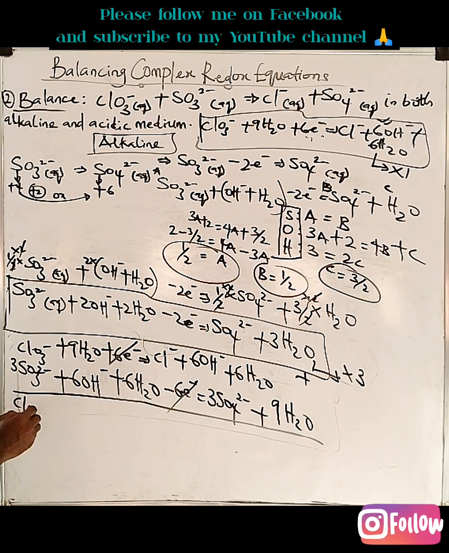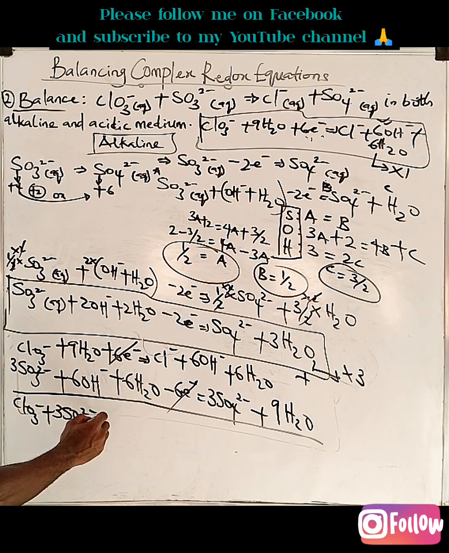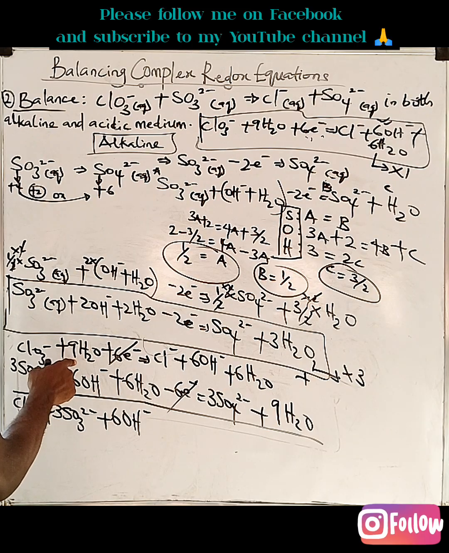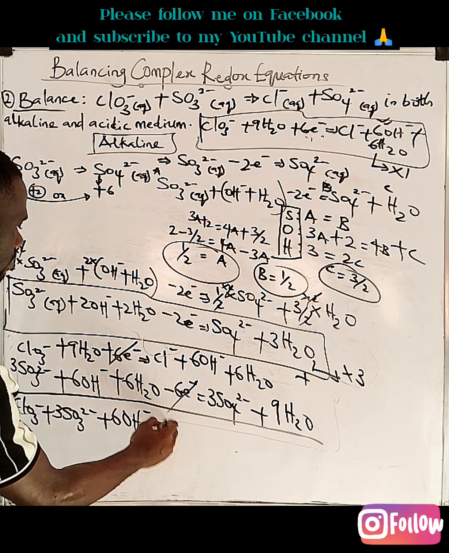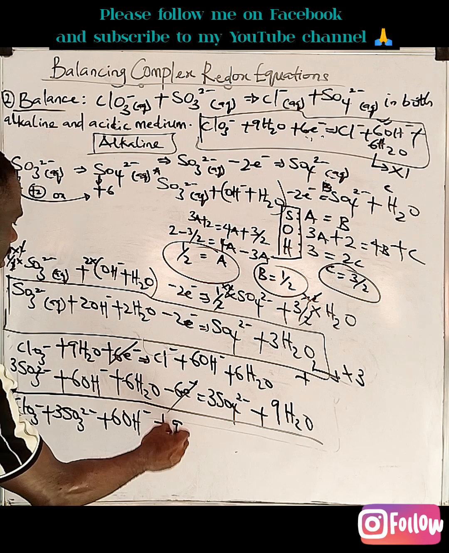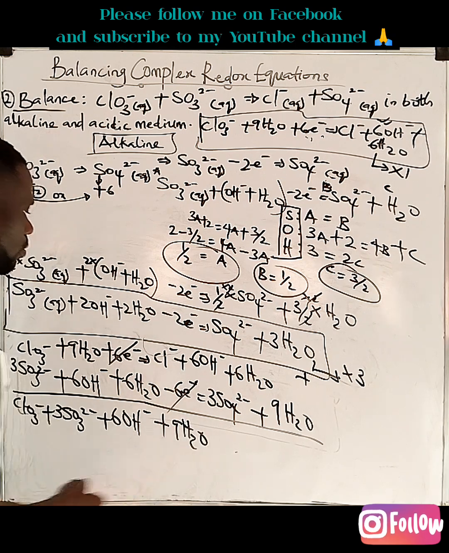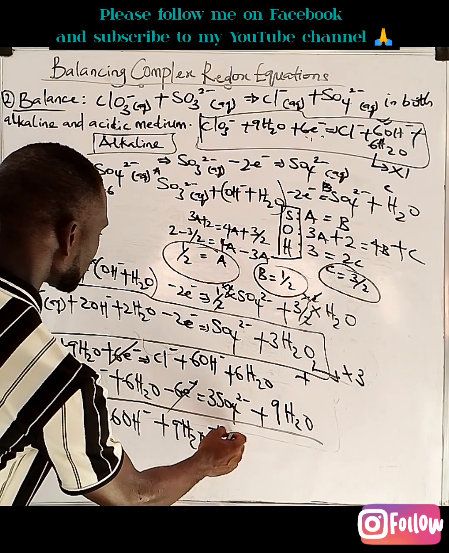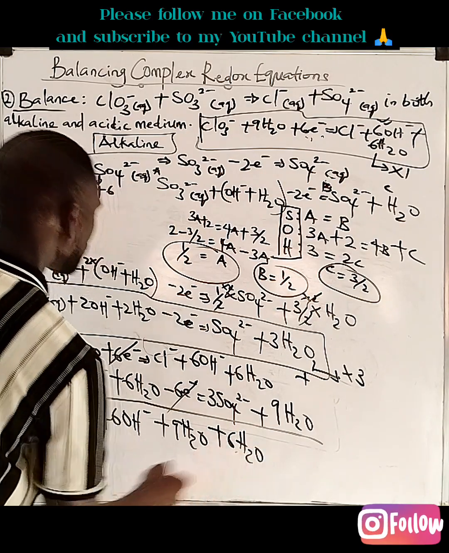So that's ClO3 minus plus 3SO3 2 minus, then plus 6 hydroxyl ions. Then what do we have here? Right here we have a plus 9H2O. Also we have a plus 6 H2O.